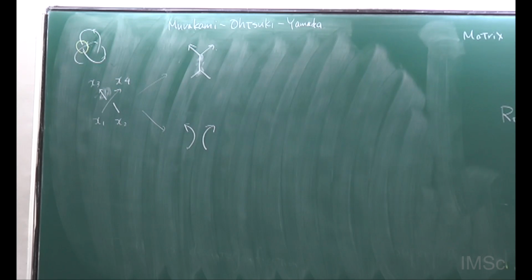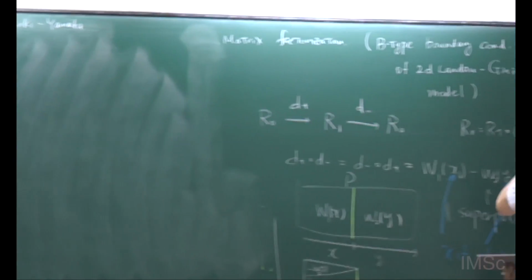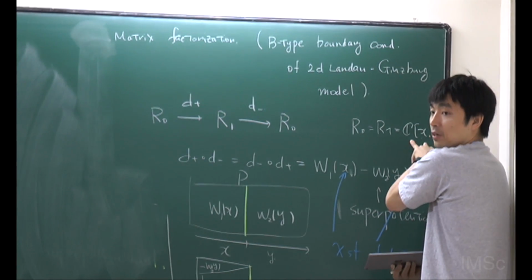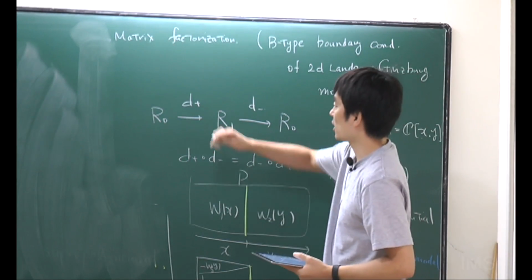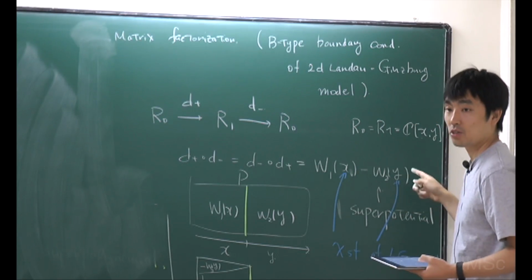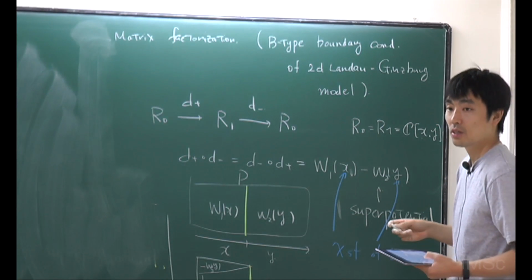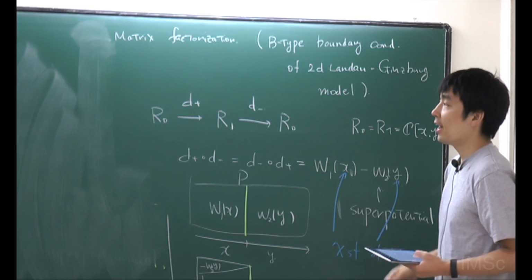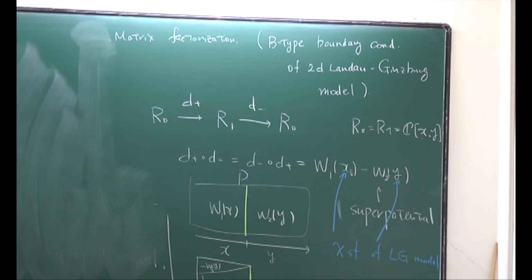So the matrix factorization: you are just given a Z2-graded vector space, and in this case it is a polynomial ring. And you just assign maps between d plus and d minus, which satisfy this condition. That's called a matrix factorization. In each crossing, you assign a matrix factorization, R0, R1, R0.